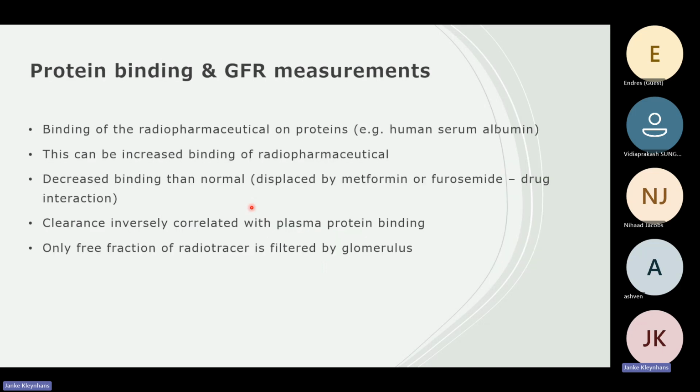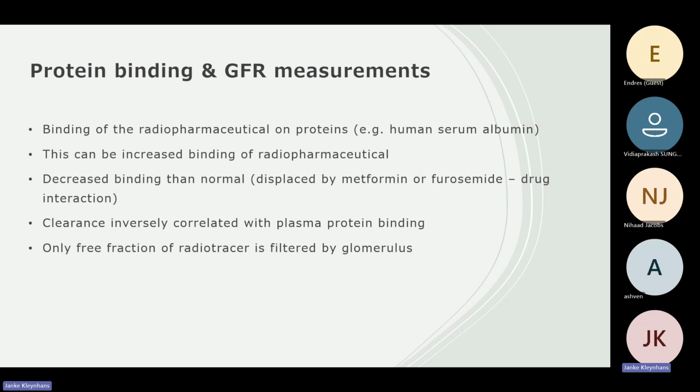But yeah, if the radiopharmaceutical binds to proteins, this is now the protein binding, it can really take the radiopharmaceutical out of the circulation, and then it's not actually excreted out of the body. Most of the radiopharmaceuticals we use currently have some protein binding that we have inserted in our calculations.